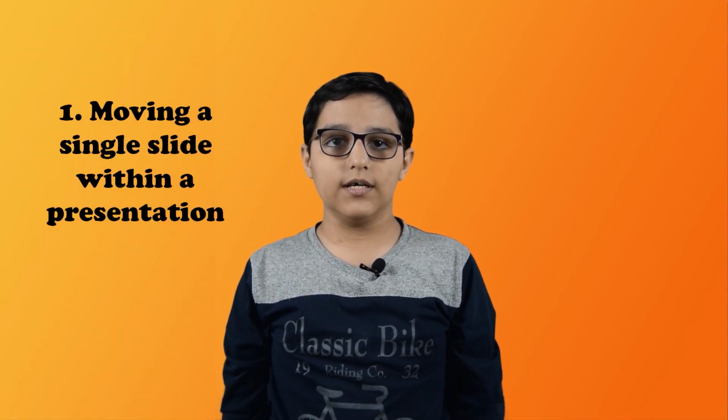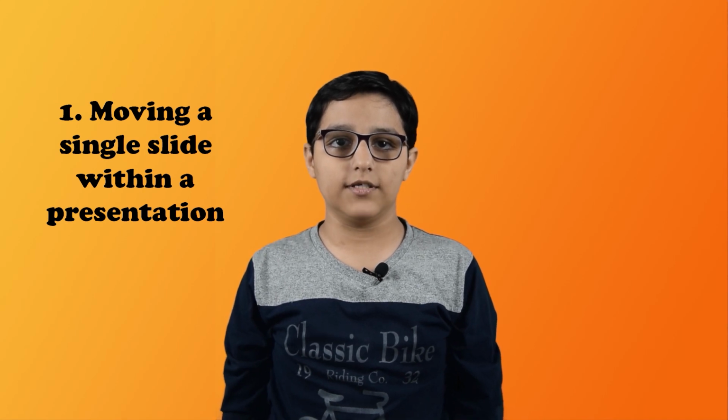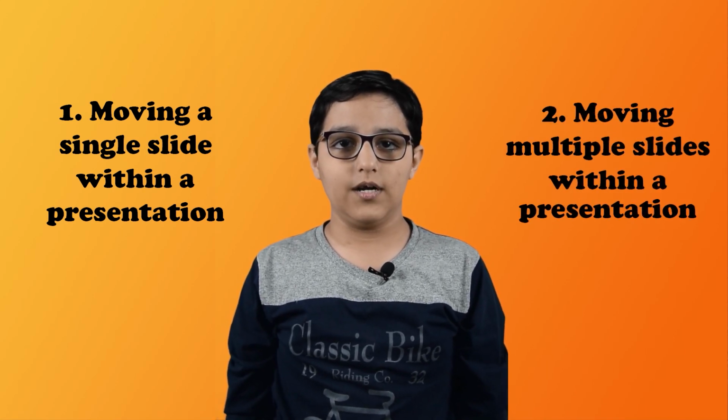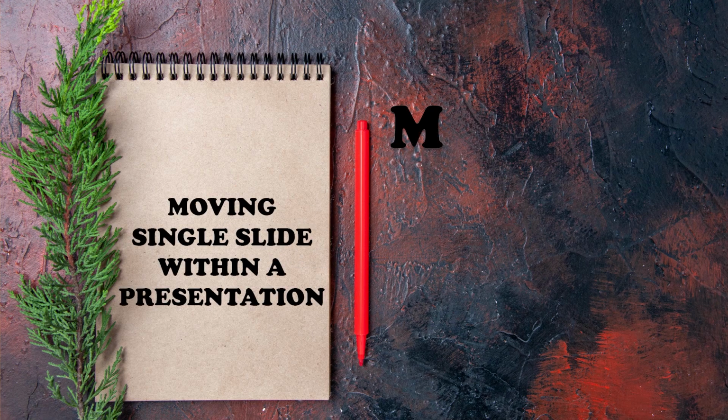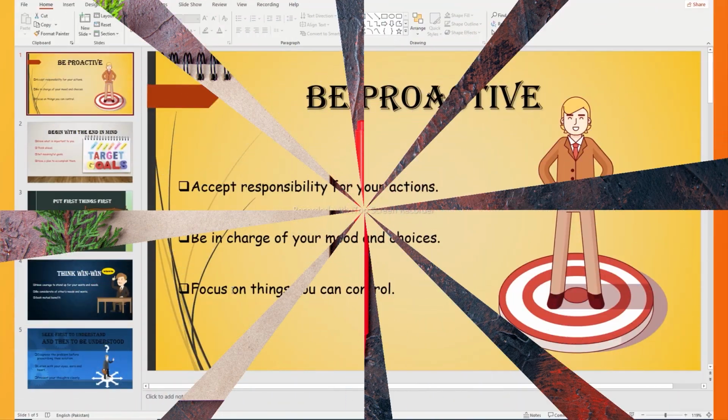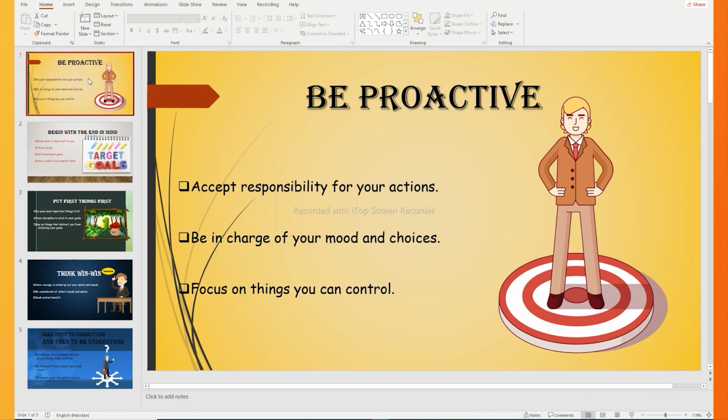In this section, we will learn 2 scenarios of shuffling slides within a presentation: moving a single slide within a presentation, and moving multiple slides within a presentation. Suppose we want to move slide 1 to slide 4.